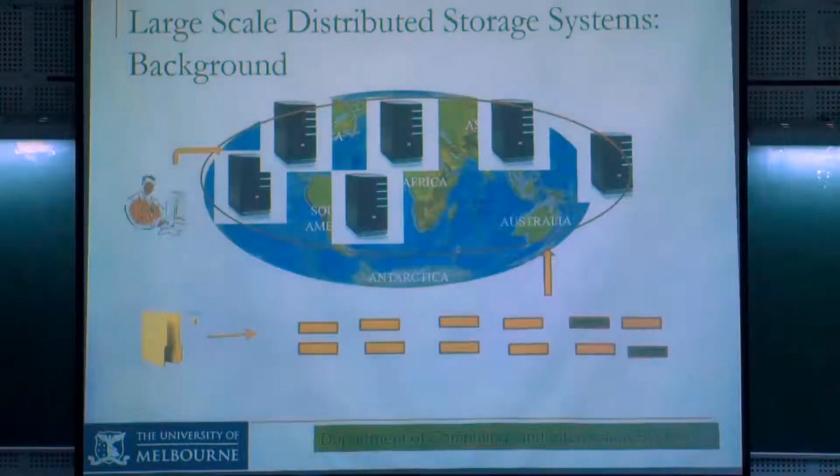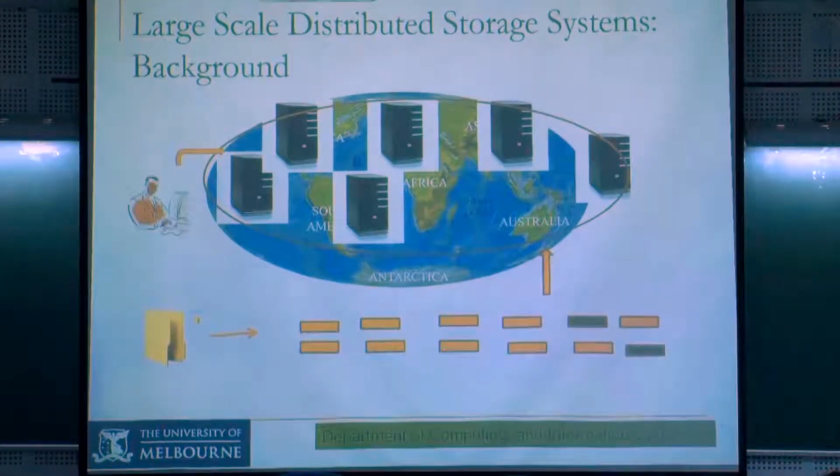The main idea is, when you have a large scale distributed storage system, why do we need it? That question has come, and this is where the application context comes into the picture. For example, many internet driven applications such as social networks, and file and video sharing are constantly growing, and the companies providing these services can't keep all this data in one place, so they have to distribute it across geographical boundaries.